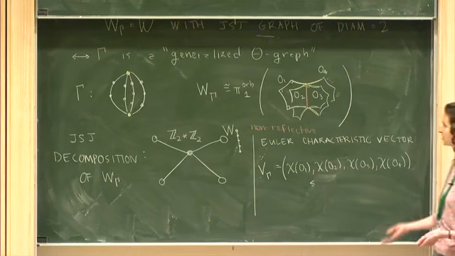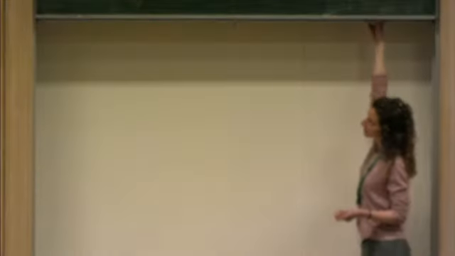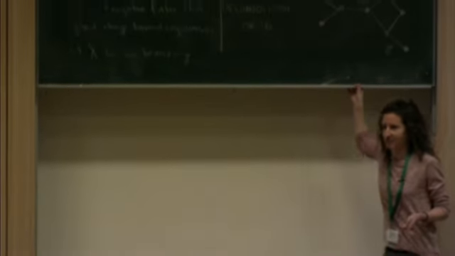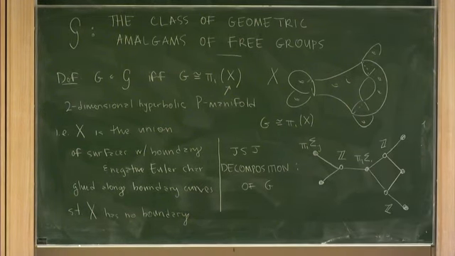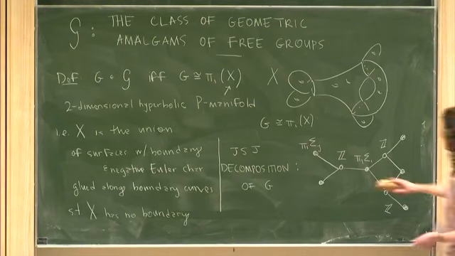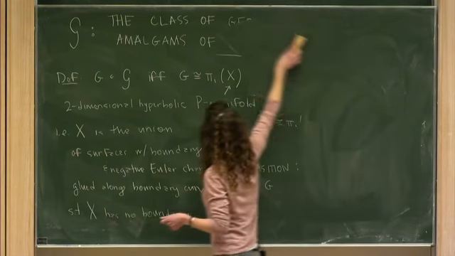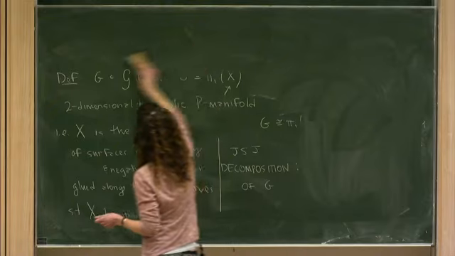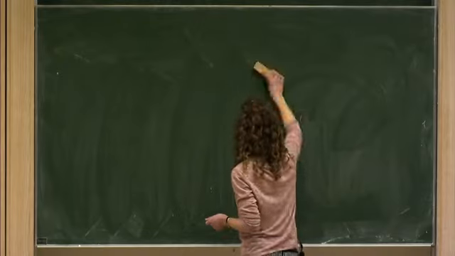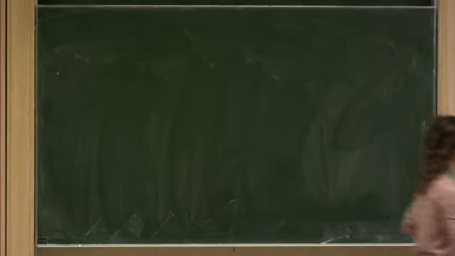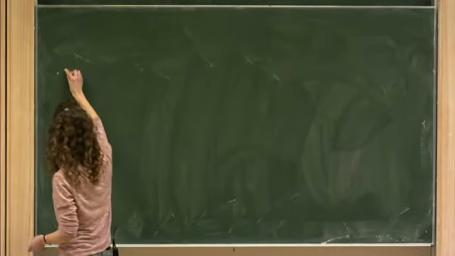And you might guess this is a reasonable object to consider when studying commensurability classes because Euler characteristic is multiplicative under finite-sheeted covers. So we'll use this to describe the commensurability classes.